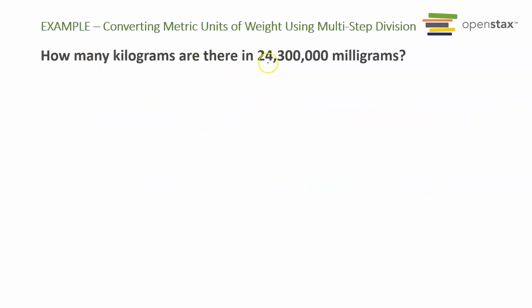So how many kilograms are in 24,300,000 milligrams? This one would be pretty easy just to look at our prefixes. We're starting at milligrams, and we're going to go 1, 2, 3, 4, 5, 6 up to kilograms.